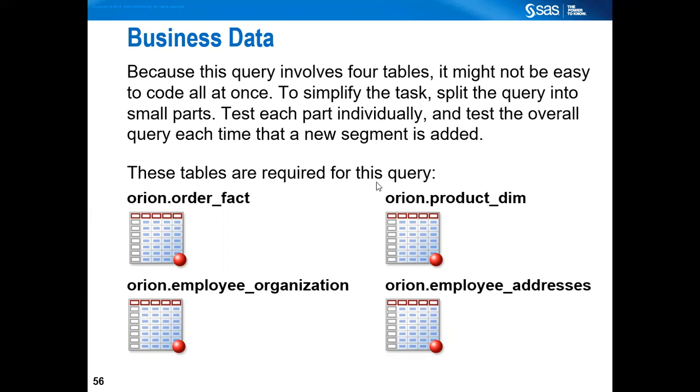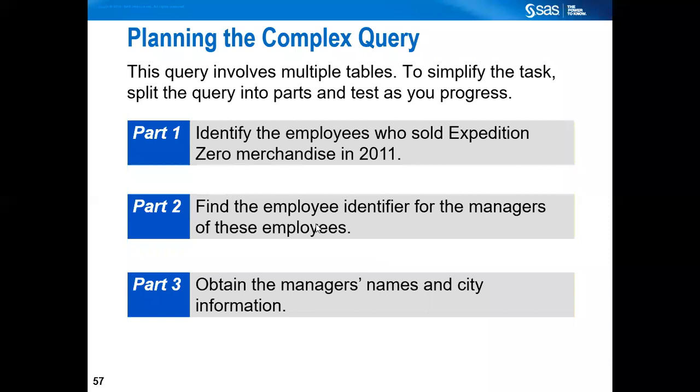So these tables are queried for your query. First and foremost, you'll have to find the product which was sold in the year 2011. So you'll be using the table product underscore dim. Then you'll have to identify which employee performed that sale. You'll find it with the order fact information.